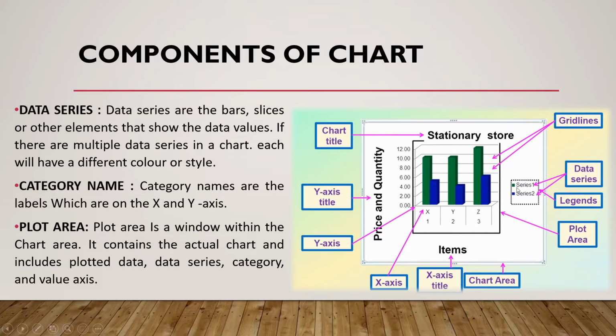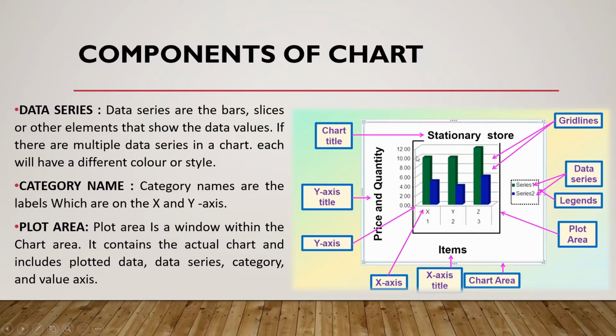And together all these colors we call data series, and particularly what is allocated to them, that is called the legend. We will read about the legend in the next slide also. Category name means what name we give to the x-axis title, that is called category name, or the y-axis title as well.